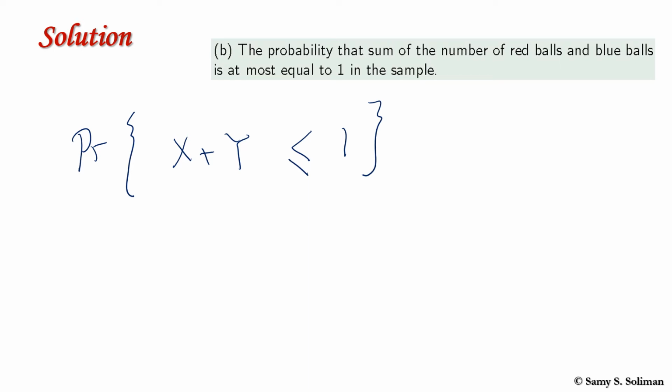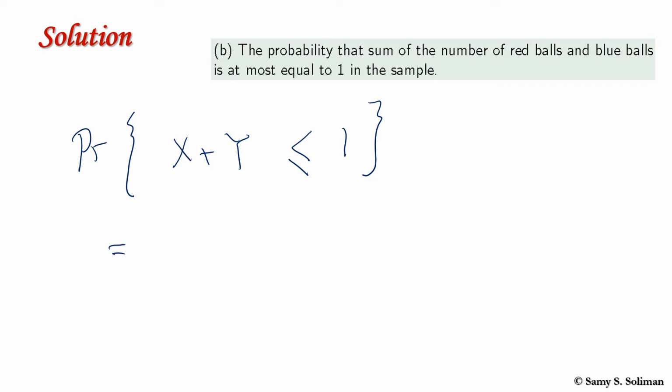If we want to calculate this probability, that means that we define a region A, and this region is defined by the fact that x plus y is less than or equal to 1. So simply we can sum the joint values over the values of x and y which fall in this region.